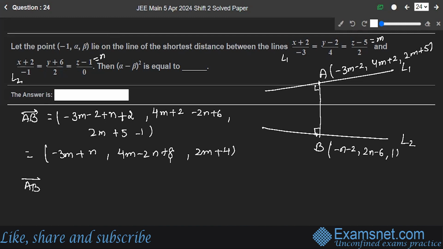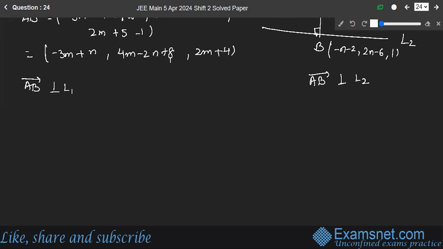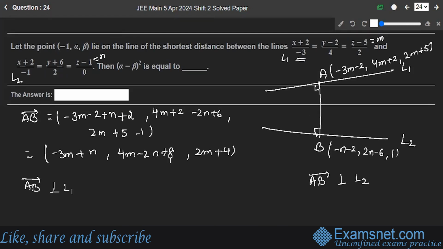Now you have that AB is perpendicular to L1 and L2, both, right? If they are perpendicular, that means the dot product is equal to 0. So what is your L1? The direction ratios were minus 3, 4, and 2, and AB is given by these direction ratios.